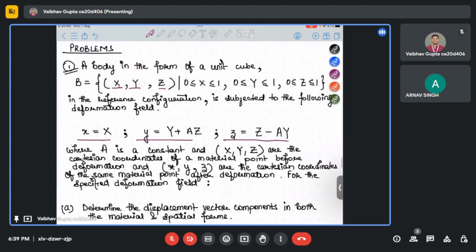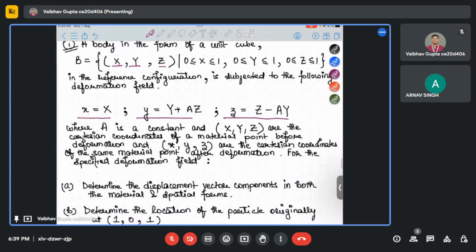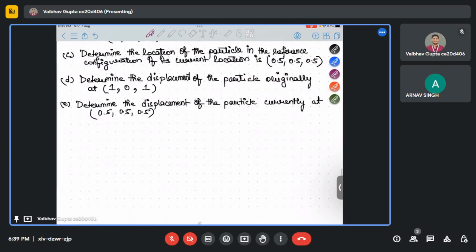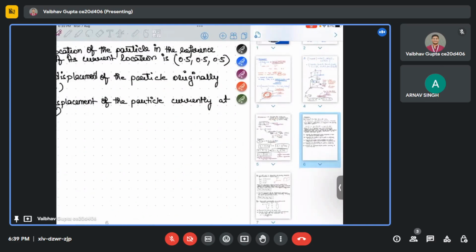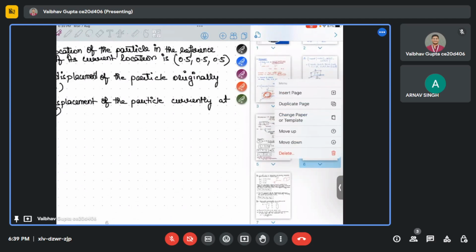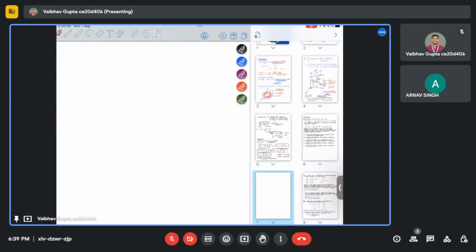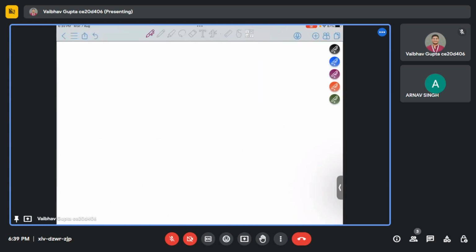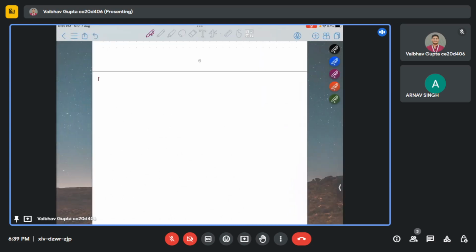So you understand how a body can be represented. Now similarly, in the question it is given that you have the deformation field. One second, I'll add one page. So in the question you are given a deformation field.